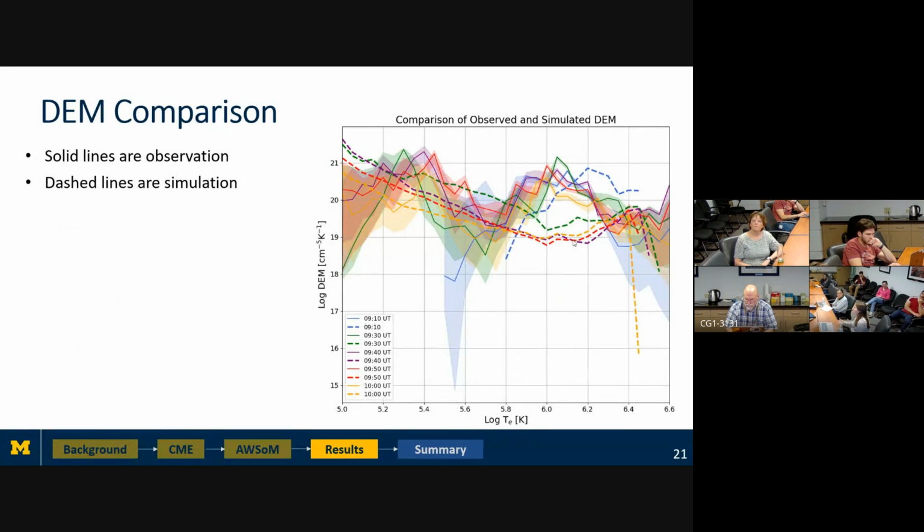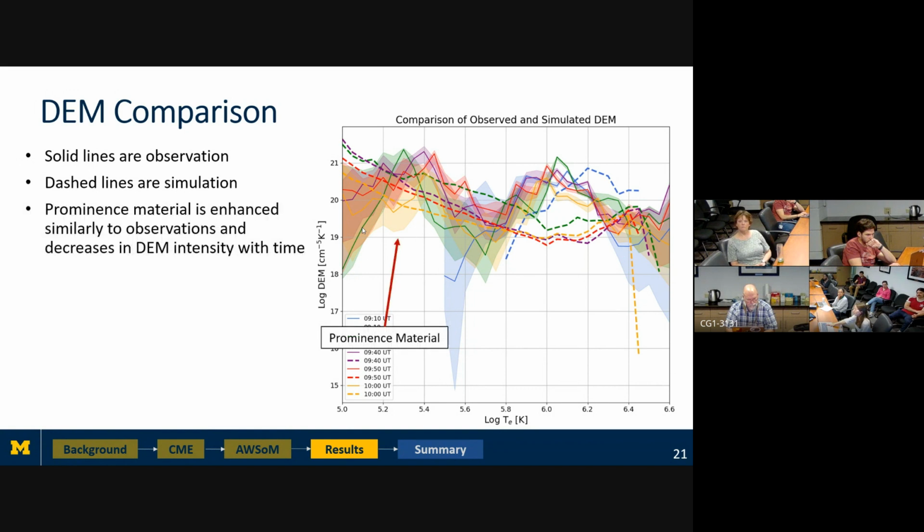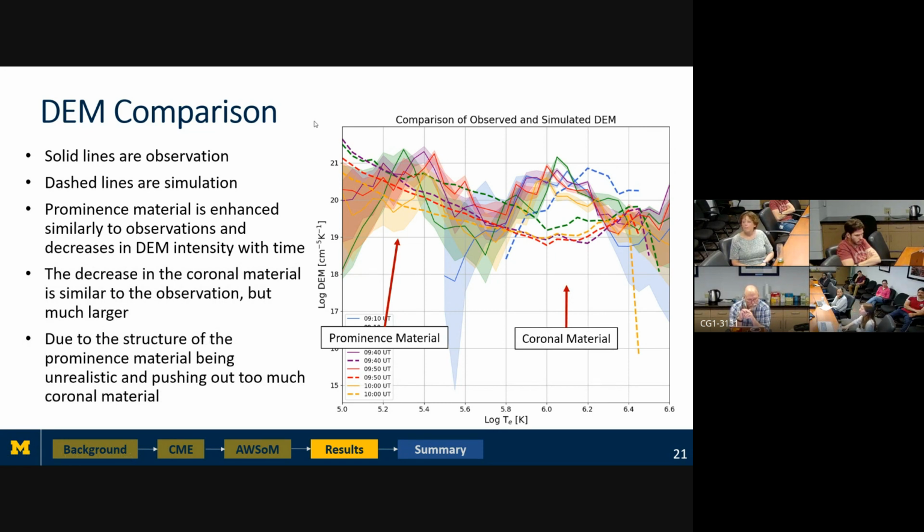So when we actually superimpose the simulation results, we can see our pre-event corona looks pretty nice. And we definitely see some similarities and differences between the observation and the simulation. The prominence material is definitely enhanced similarly to the observations and decreases in the DEM value with time, just like we saw before. The exact structure is not the same, but we're pretty happy with it. And then when the CME is passing, the coronal material gets pushed out quite a bit more in comparison to observations.